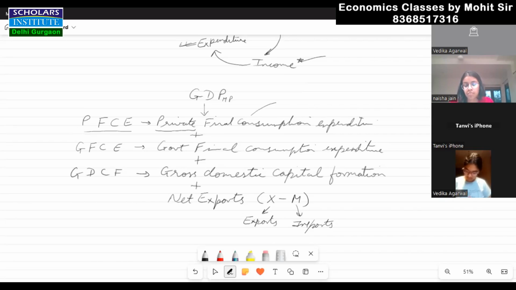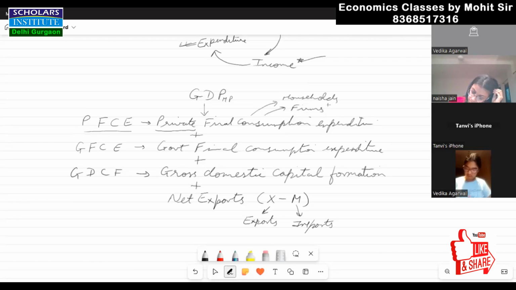It will include both the expenditure done by the households as well as the firms, both private firms. Here firms means private firms, not government organizations. Whatever government organizations are spending will be covered under GFCE, Government Final Consumption Expenditure.